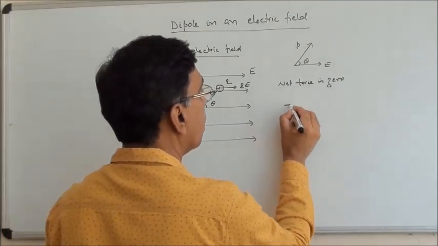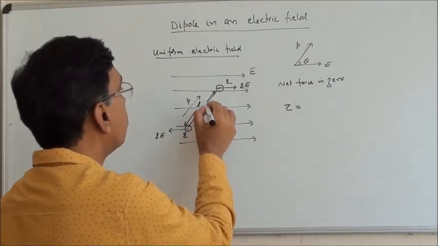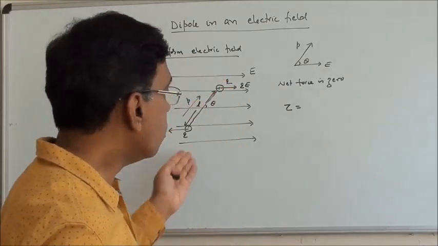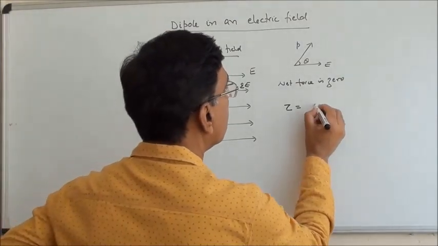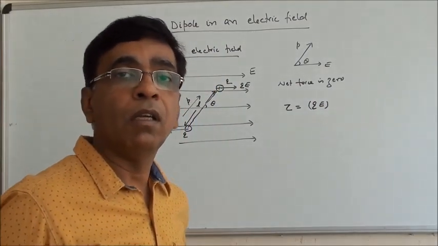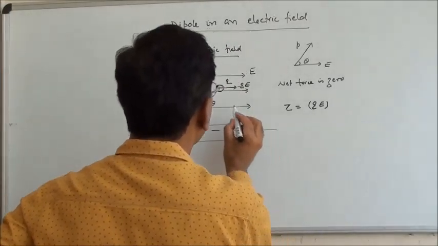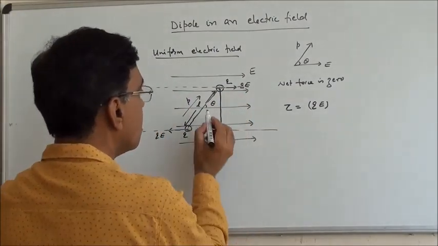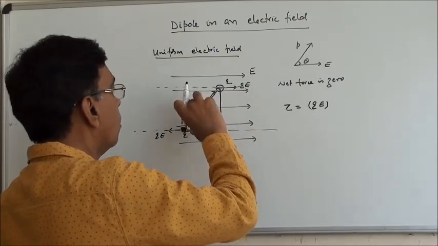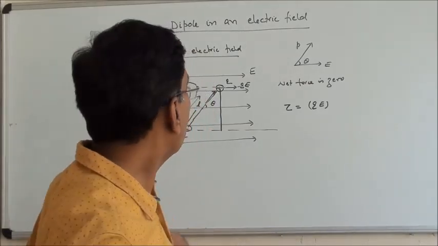And how much is this torque? Torque can be calculated by taking a central point, or simply as force times the perpendicular distance between the lines of action. One force is acting along this line, another along this line. This torque is clockwise, and this one is also clockwise, both producing the effect in the same direction, so they add.